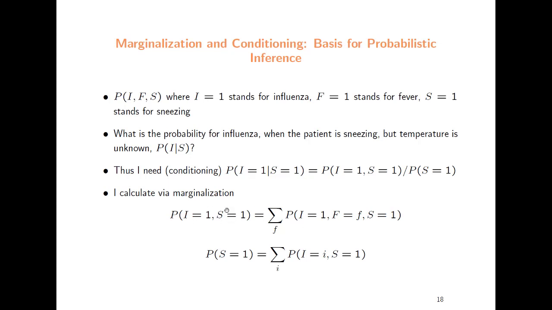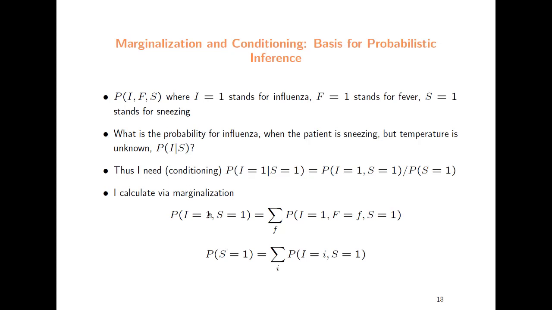Since I'm interested in the dependencies without the temperature or the fever, I have to integrate over the fever variable. This is just true or false, so there are two states here. So I form the sum here with I equals 1 and S equals 1, and with different terms for the fever, yes or no. This gives me this part over here by marginalization.